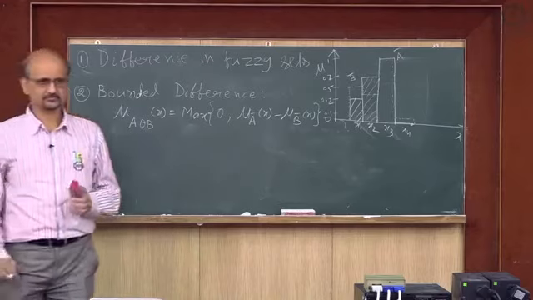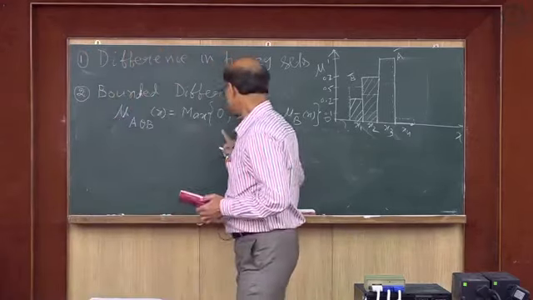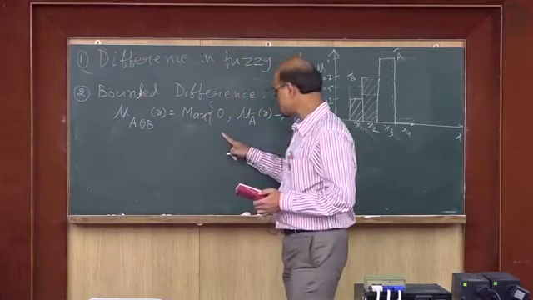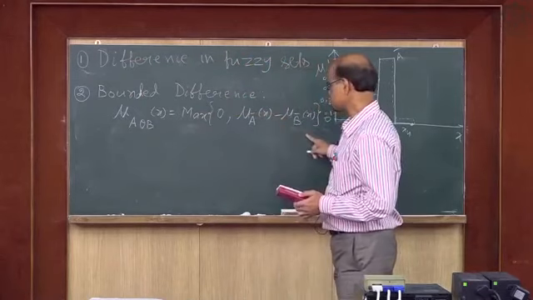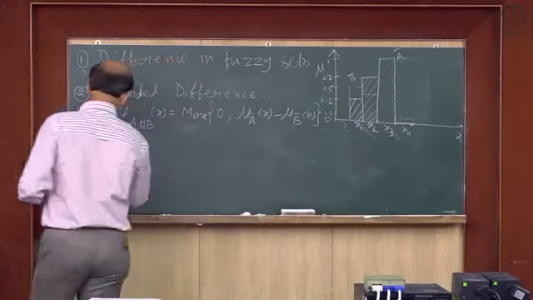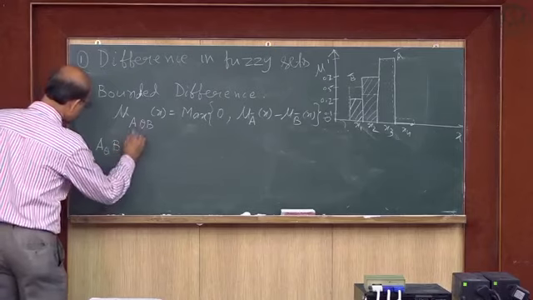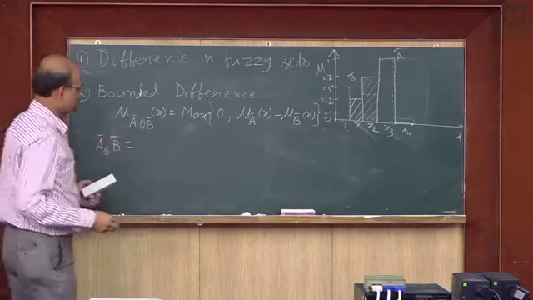This is the definition for bounded difference, maximum of 0 and mu A bar x minus mu B bar x. Take the same example and see what is your bounded difference set.